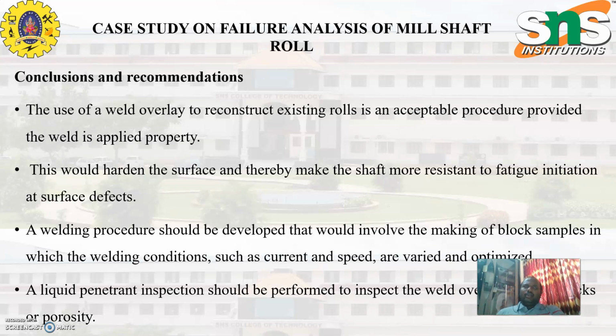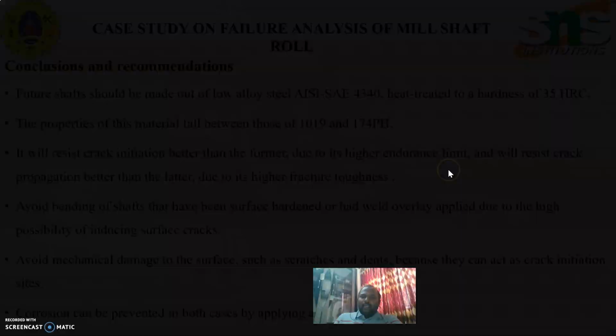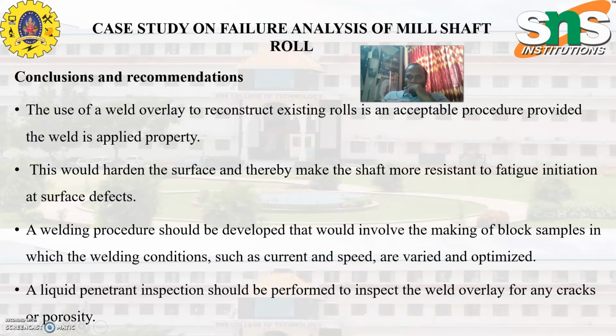Weld overlay over an existing roll is possible and the roll can be reconstructed, but a proper welding procedure should be followed to have proper welding conditions and to avoid cracks later. After the weld overlay, you should do a liquid penetrant test, so that any cracks at the surface level can be easily identified.